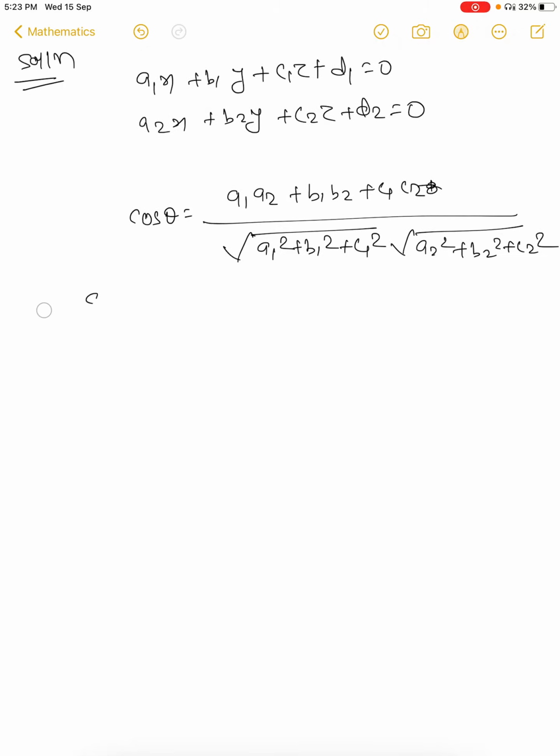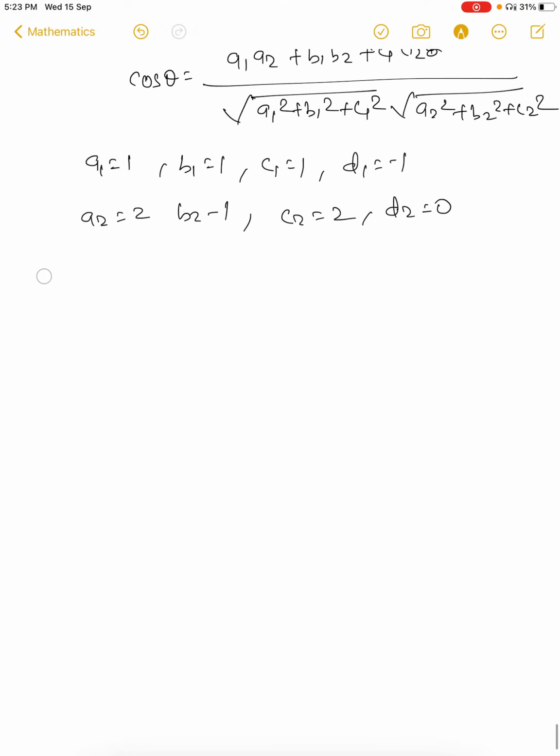So here a1 is equal to 1, b1 is equal to 1, c1 is equal to 1 and d1 is equal to minus 1. a2 is equal to 2, b2 is equal to minus 1, c2 is equal to 2 and d2 is equal to 0.